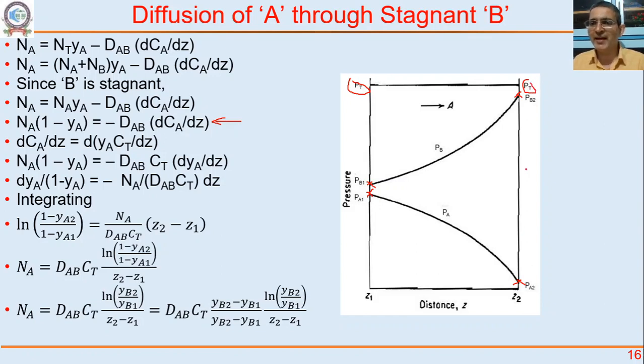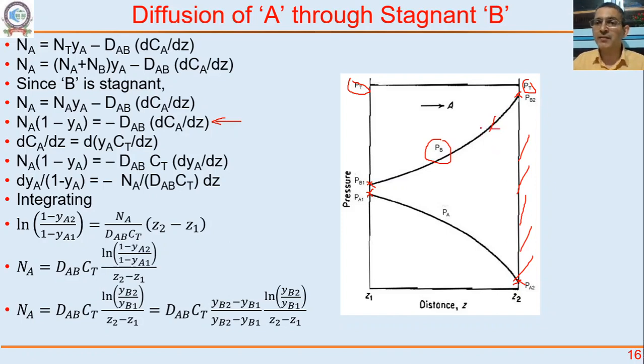Let's say at this location A is getting consumed, A is reacting, and B is not reacting. So there is a driving force for A. That driving force for A sets up a driving force for B. P_B2 is higher than P_B1, so the driving force for B is in the opposite direction.